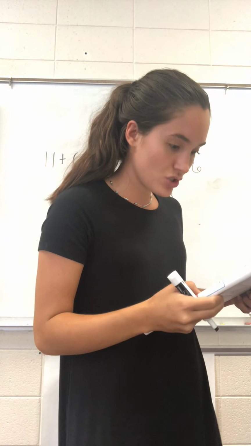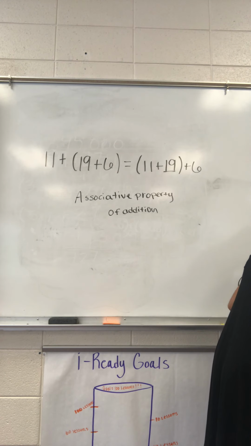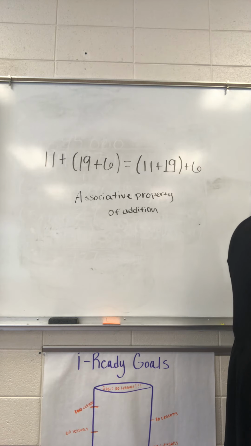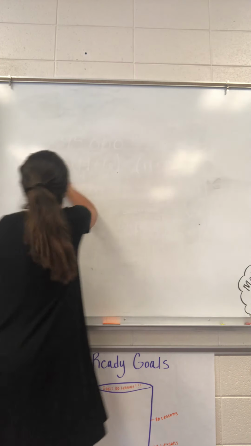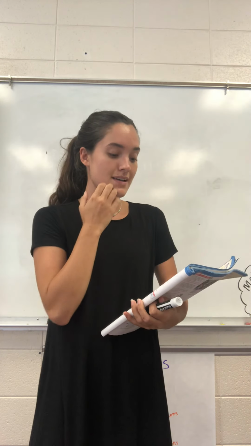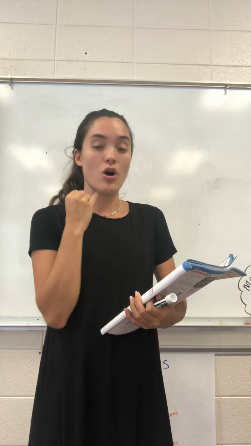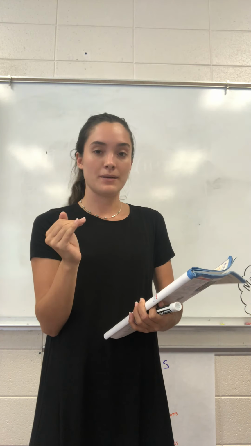Okay. Let's do another one together. Let's look at number 8 together. All right, so we said if we have a problem that is either all addition or all multiplication, then we don't have to worry about the order.